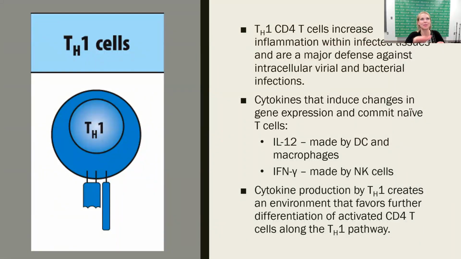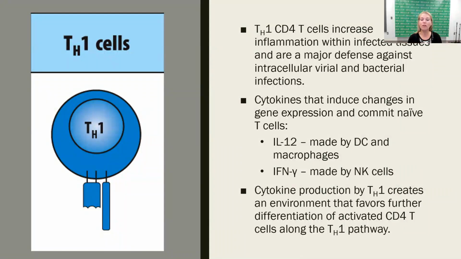And so we'll call this a polarized pathway. So T helper 1 polarized situation, and more inflammation drives more inflammation. And so very important for bacterial infections, important for intracellular viral infections. We'll see that a little bit later on.